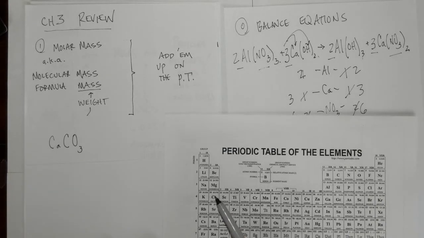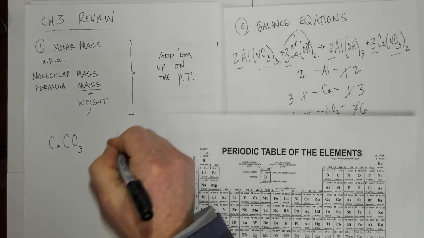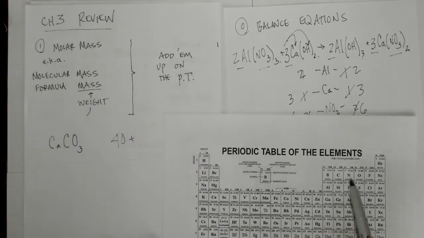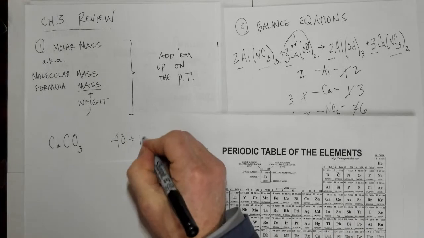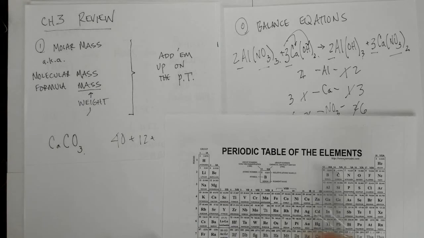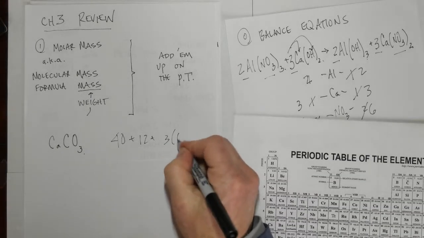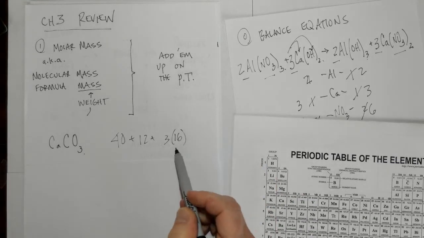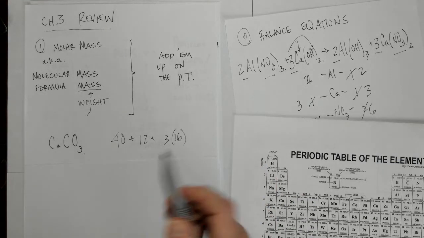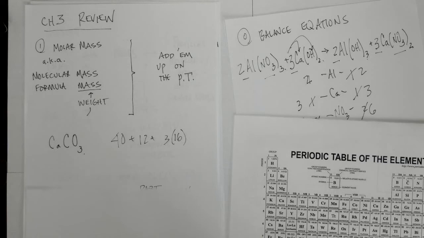Calcium on the periodic table is right here. It's about 40. Carbon, right up here, it's about 12. Oxygen, right over here, is about 16, and there's 3 of them. So 3 times 16, add this up, that's 48, plus 12 gives me 60, plus 40 is 100.